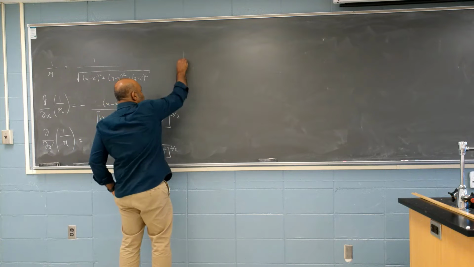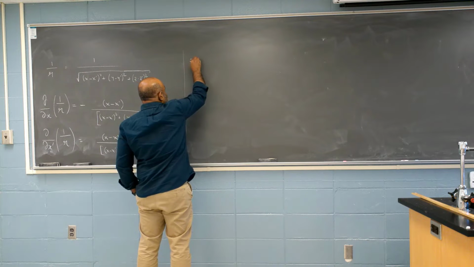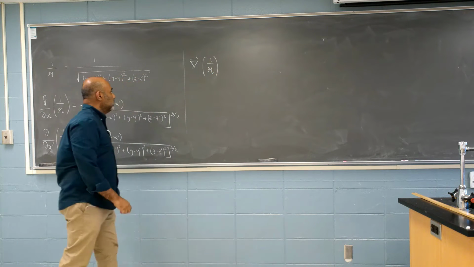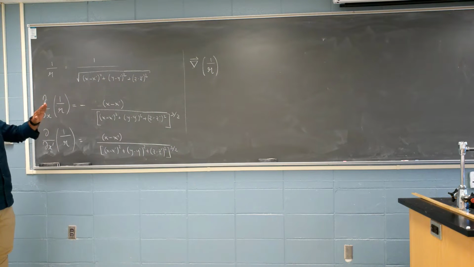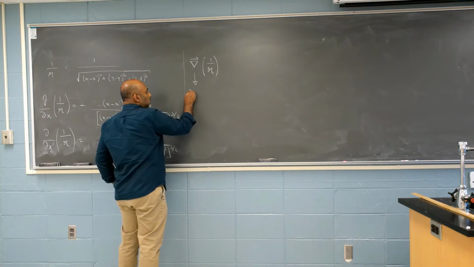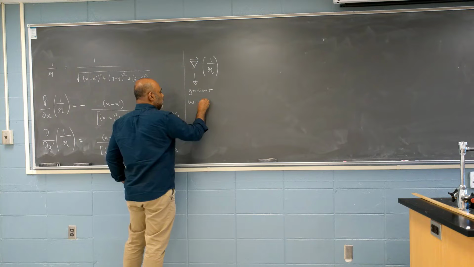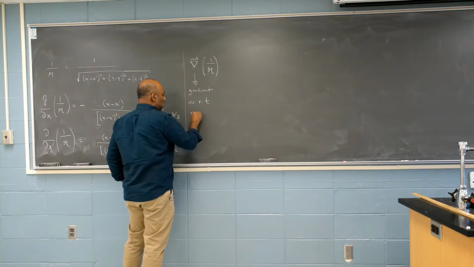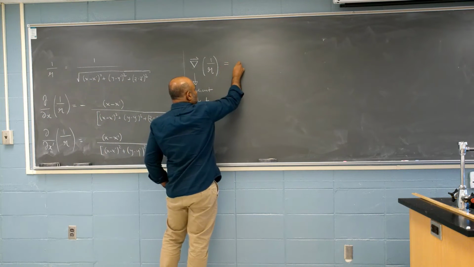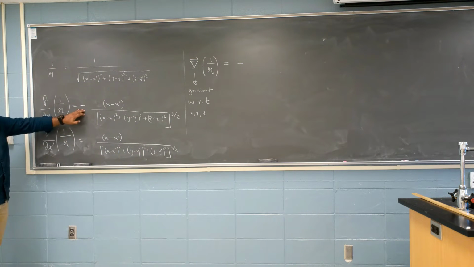So in short, here's a notation as well: I can write the gradient with respect to x, y, and z of this. That is equal to minus, look, this one had a minus, this one doesn't, so this is the minus of that.